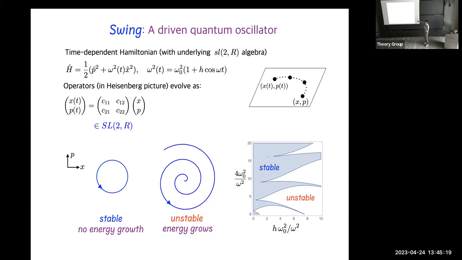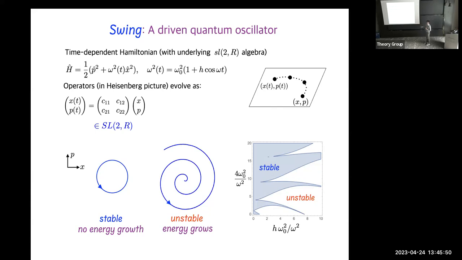So this is why later I will show a phase diagram. We can only tune omega 1 and h. Depending on these two parameters, the operator evolution can have two different behaviors. In one case, the operator evolution will simply oscillate along a circle, and the total energy x squared plus p squared doesn't grow.